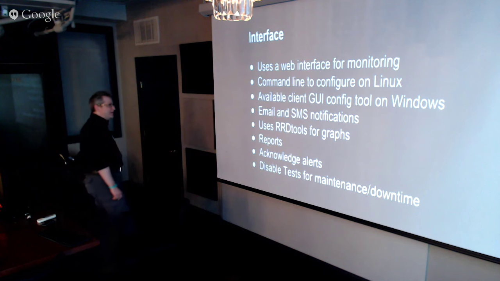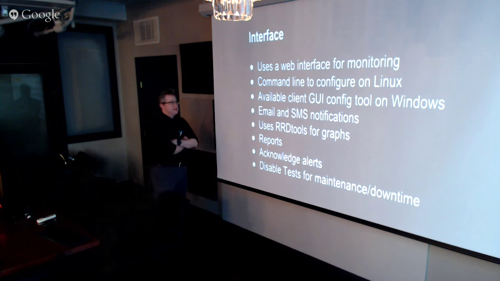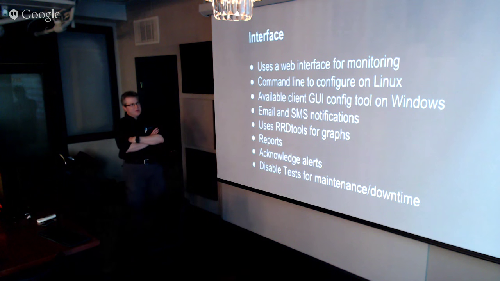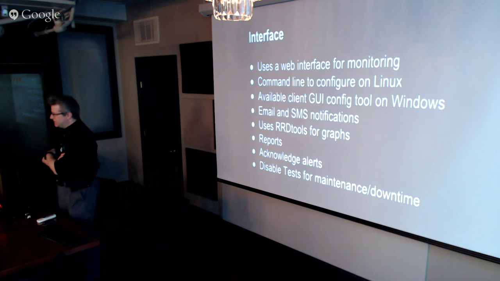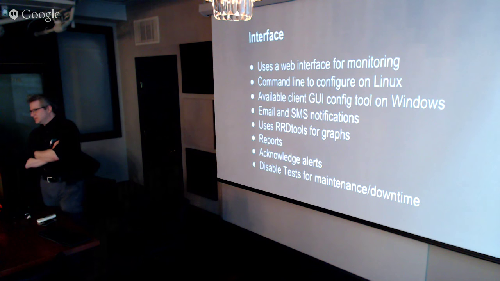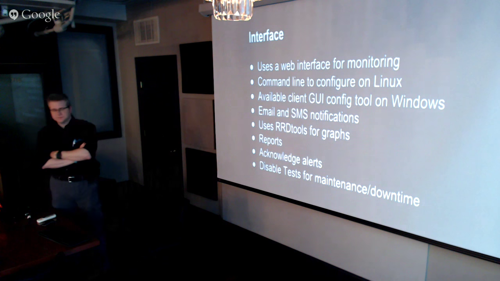It does use a web interface for monitoring, but for the most part, configuring is a command line operation. There is a GUI tool available for the Windows client. It's pretty basic. You configure the items and it writes out a file. The old PBNet can still talk to Xymon if you want to use the old system, but might as well just keep using the new one. It's available.